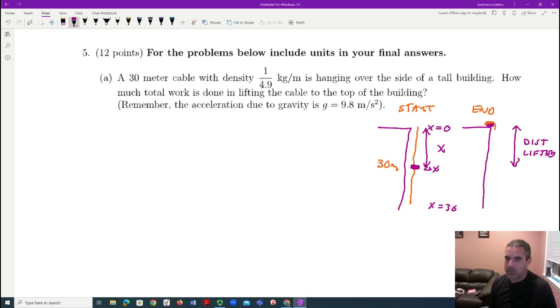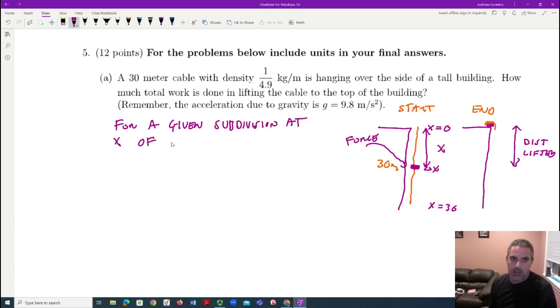And the next question is, how much does it weigh? Or in other words, what's the force? So in this labeling, the distance lifted is X. For a given subdivision, you don't have to write this out on your test. I'm just explaining. At X of thickness delta X, we have a pattern that works no matter where you are.